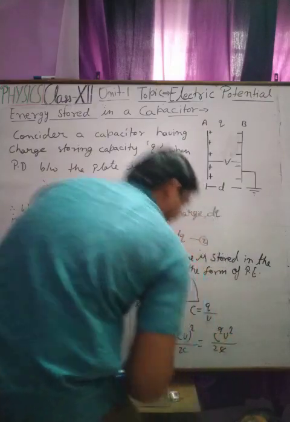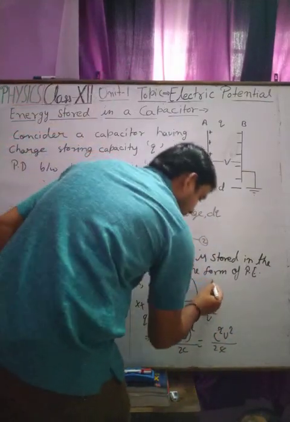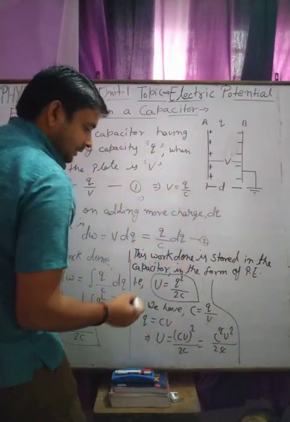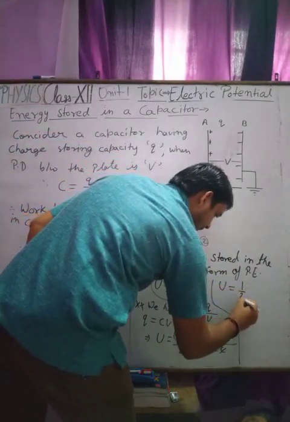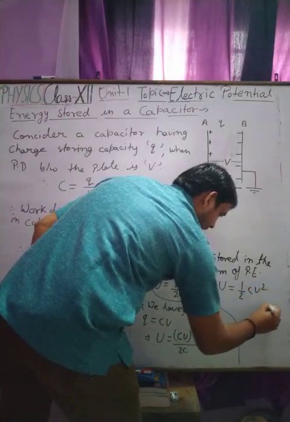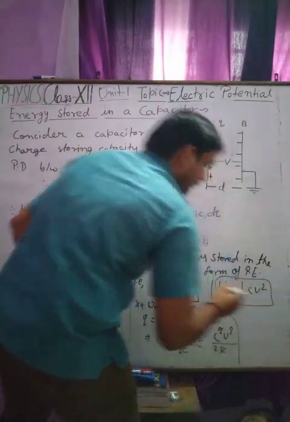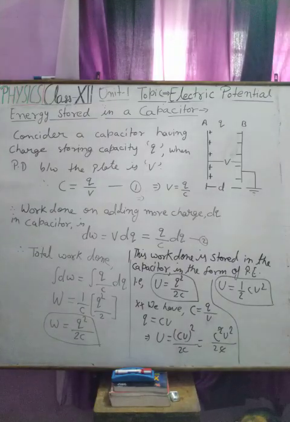This C cancels, and we get the result: energy is equal to half CV square. This is the standard form of energy stored in the capacitor.